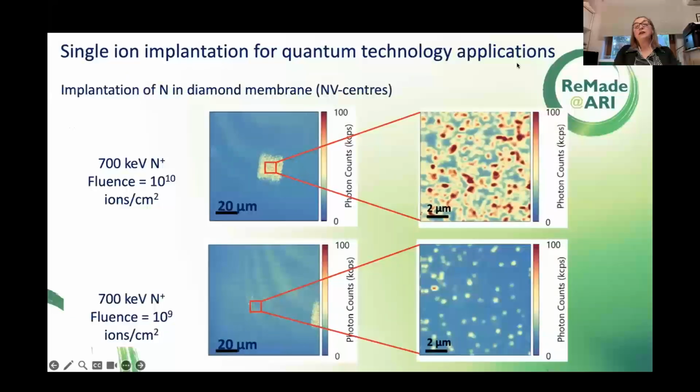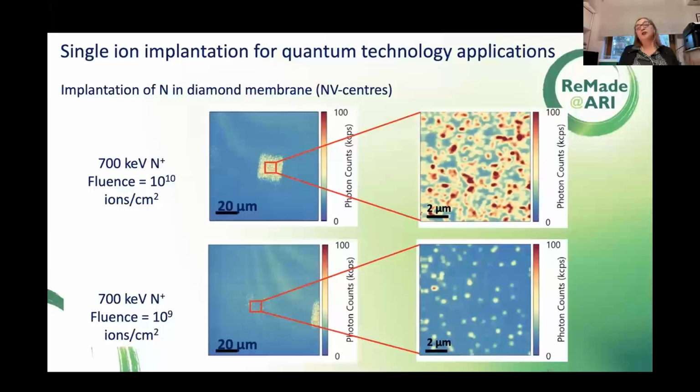Also, these applications are important for quantum technology. This is one example from my lab. So this is also some attempt to do single ion implantation, but this time this was for creating NV centers in diamond membrane.